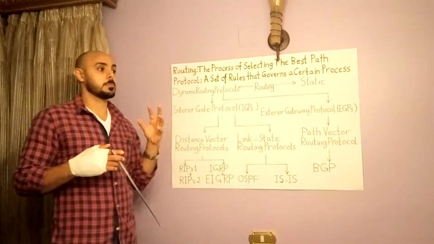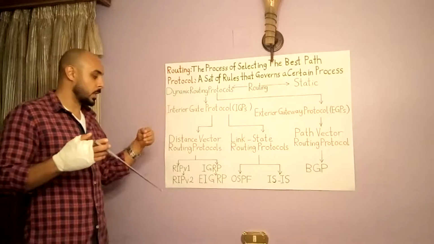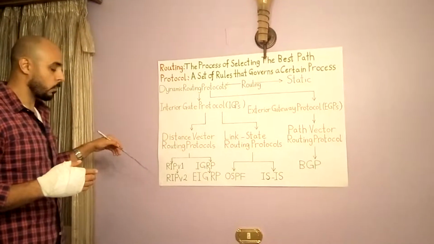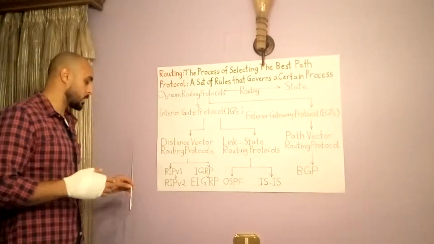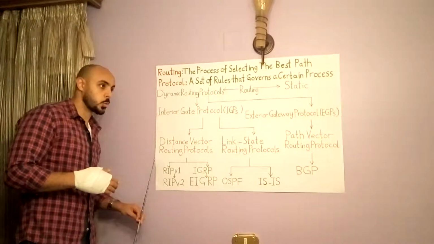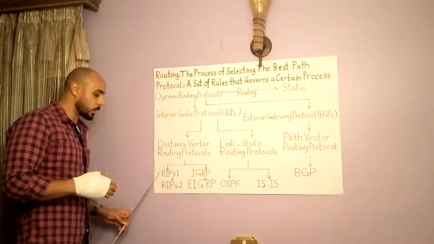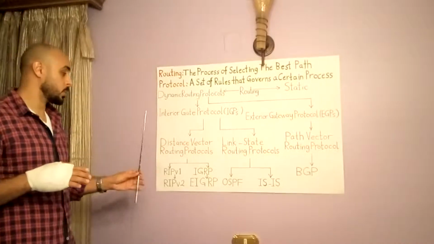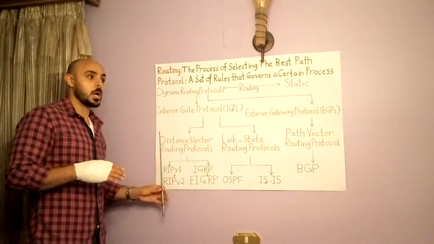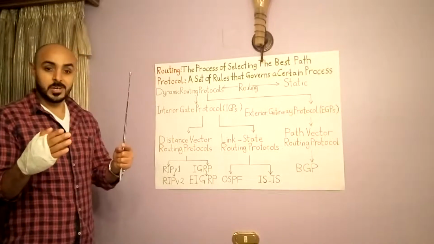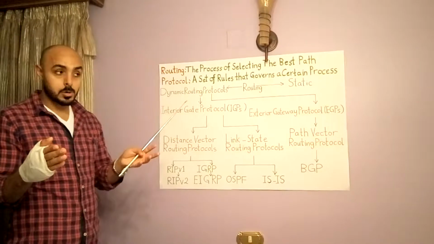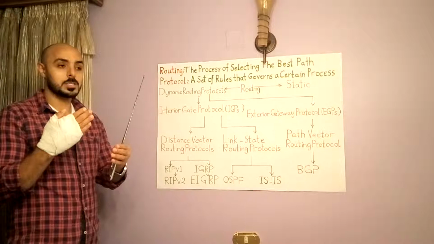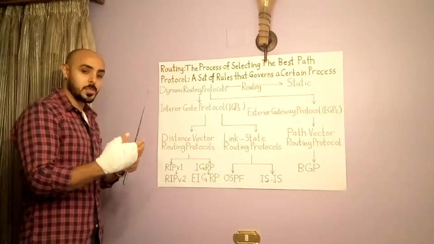Let's go further and speak about one of the distance vector routing protocols, which is called RIP version 1. This stands for Routing Information Protocol, right? It's a distance vector routing protocol, which means that it uses the distance as its metric. The metric is a value that determines what path is going to be selected and installed in the routing table.